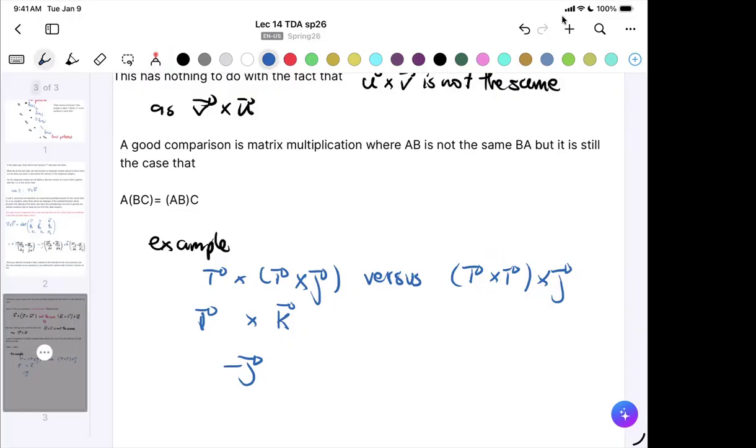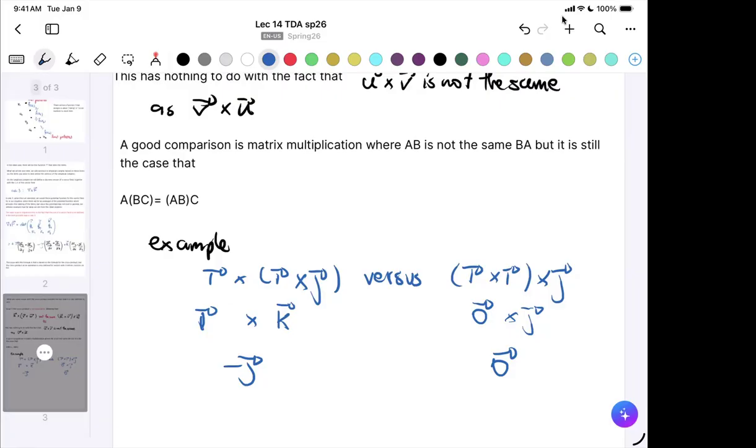So you get zero cross J, and when you do the cross product of the zero vector with anything, you always get the zero vector. So you end up with two different answers, depending on where you position the parentheses.